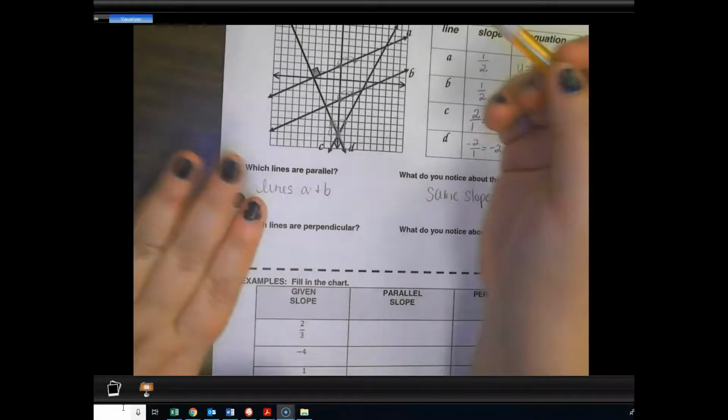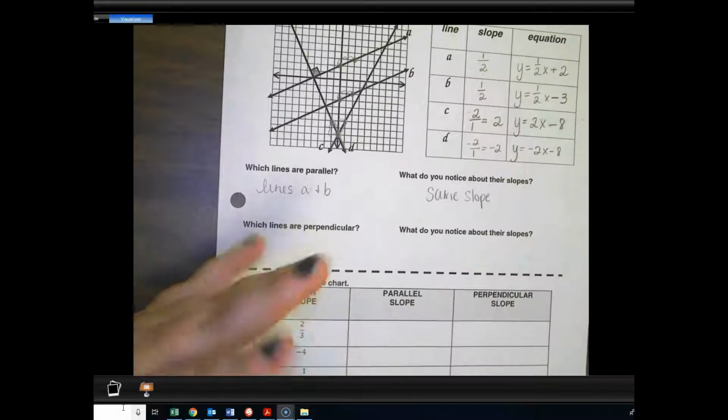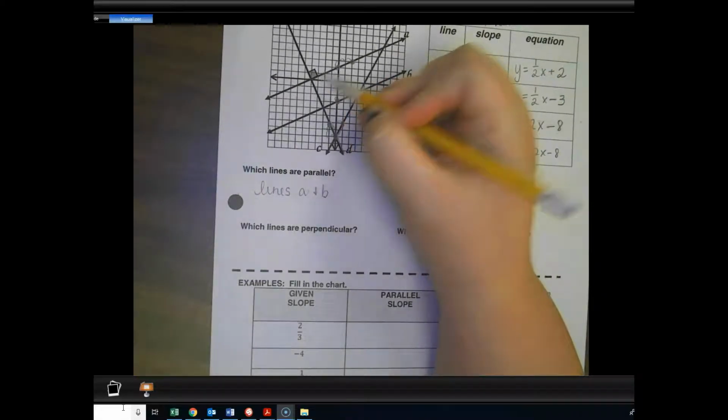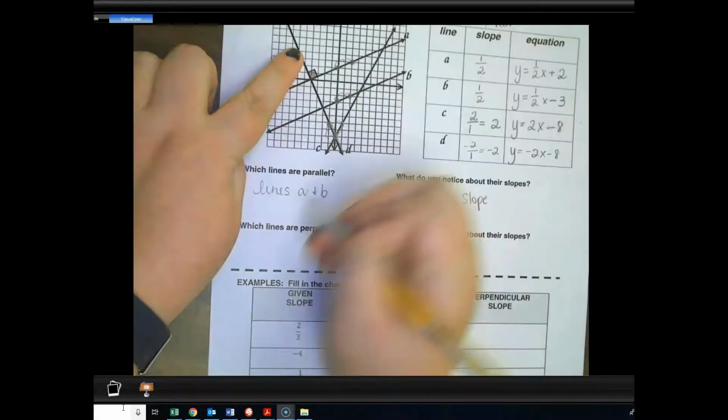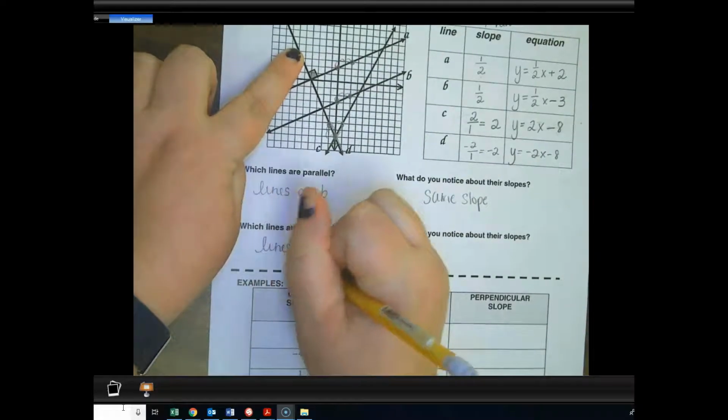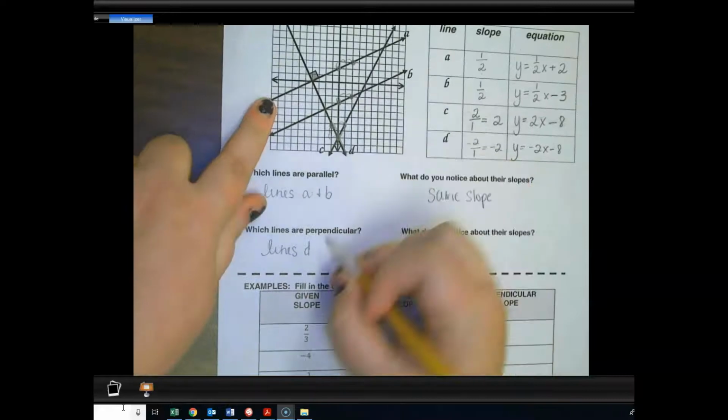Which lines are perpendicular? Remind ourselves, perpendicular are 2 lines that cross and make a 90-degree angle. So we're going to look for that 90-degree angle symbol. And we have lines D and A. What do I notice? They are reciprocals. This is 1/2, this is 2/1.